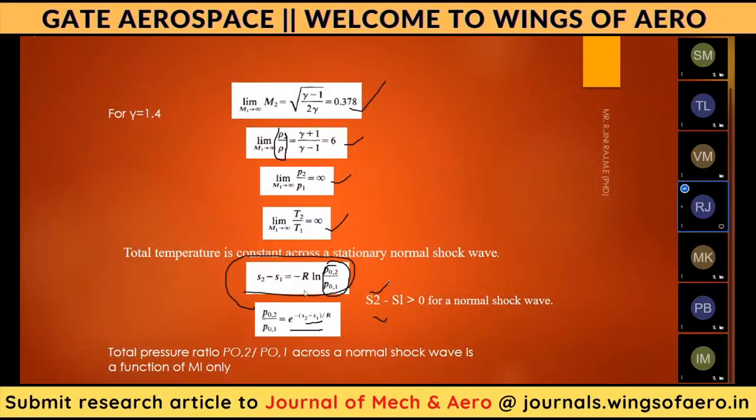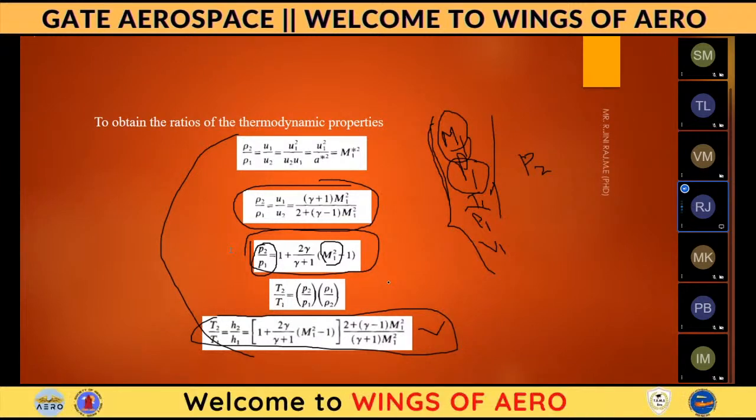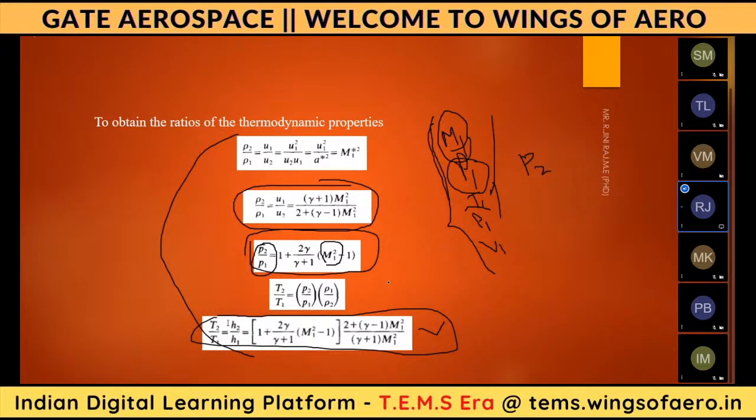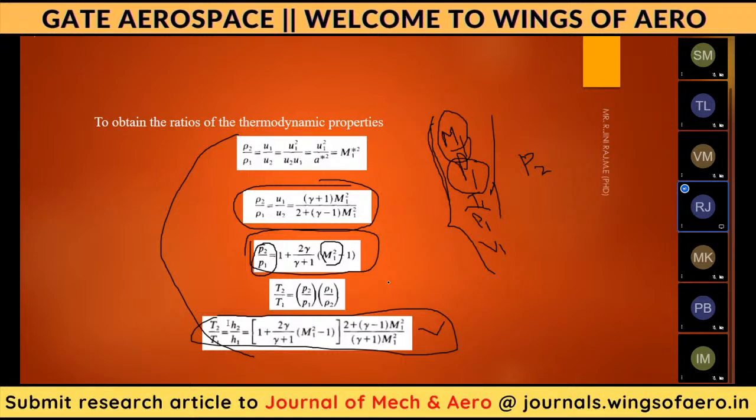Okay, so see here in the thermodynamic relations, has anyone noticed that the pressure ratios, temperature ratios, and density ratios are changing because they are a function of what? One is gamma, and another one is Mach number.